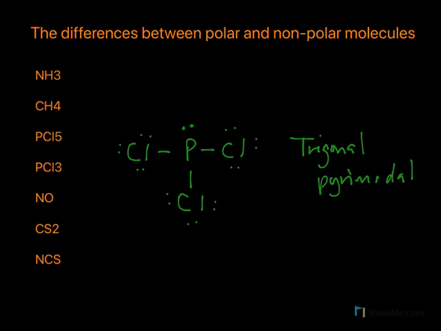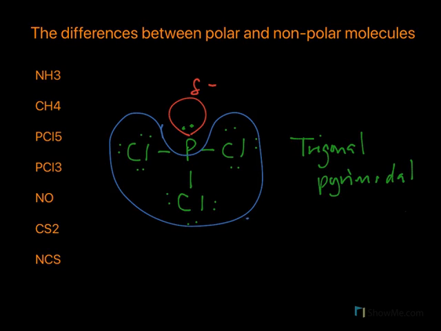And now you know that because of the lone pair electrons here, this is the negative region in space. Everything else is more positive relative to that naked lone pair of electrons. So now that we know that we have a biased distribution of electron density, this is a polar molecule.